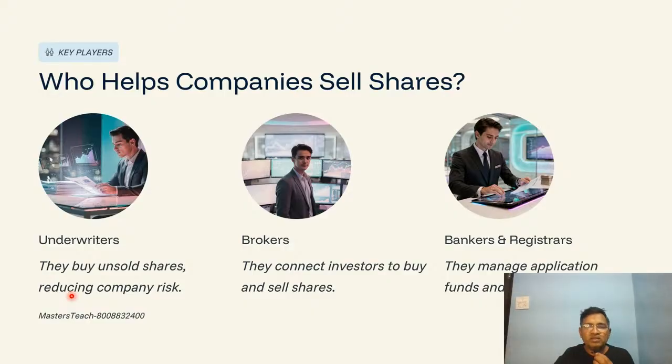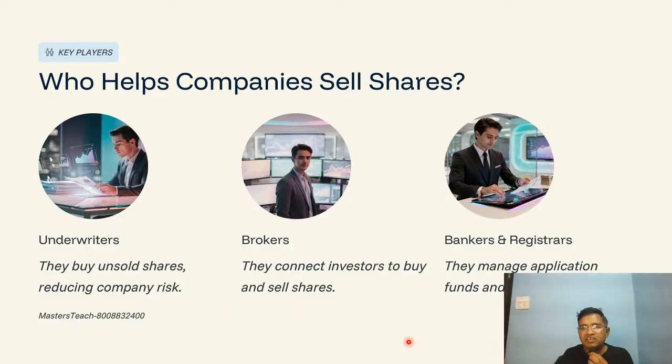Okay, brokers connect the investors to buy and sell shares. Brokers means maybe Zerodha, Angel Broking, or ICICI Direct. These are the brokers who connect the buyers and sellers.